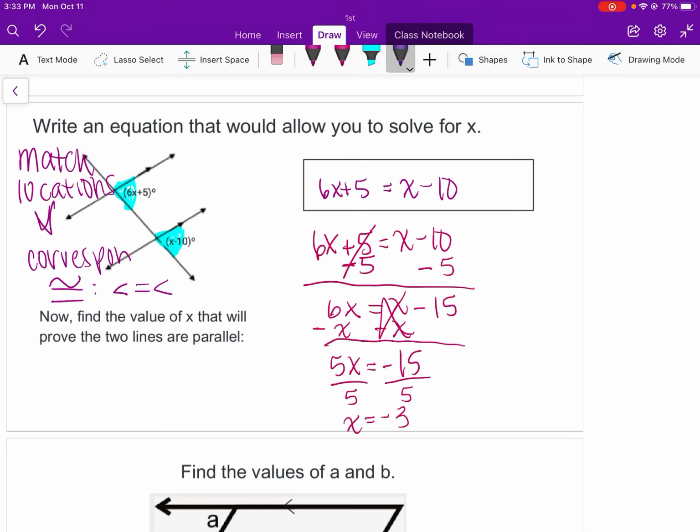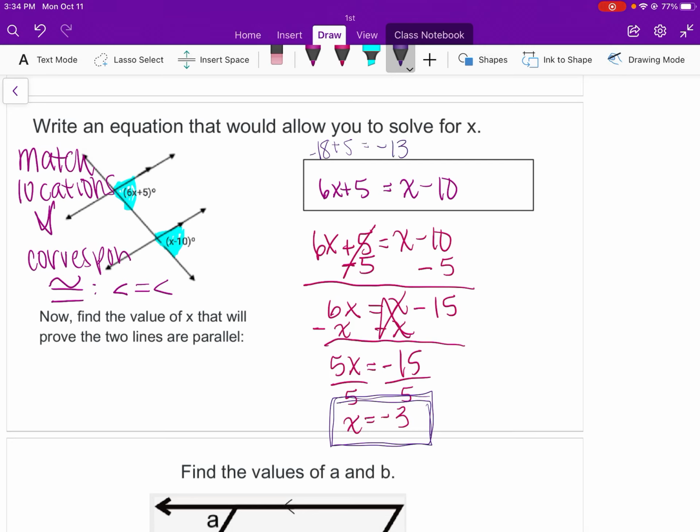All right. And that is my answer. So if we plug that back in, negative 3 times 6 is negative 18, plus 5 is negative 13.